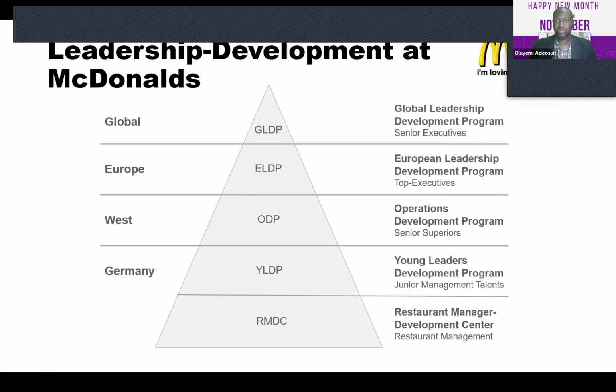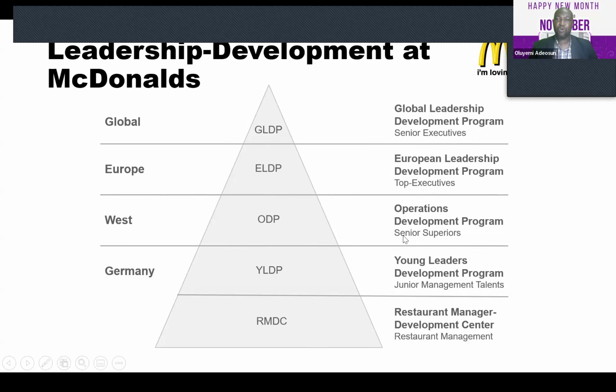Now, this is another real-life example. McDonald's, those of us that like to eat burger, you must know them. At least you see them in movies, and some of you have eaten in any of their outlets anywhere in the world. Look at the different levels that they have. They have a global leadership development program for senior executives. In Europe, they have a European leadership development program.